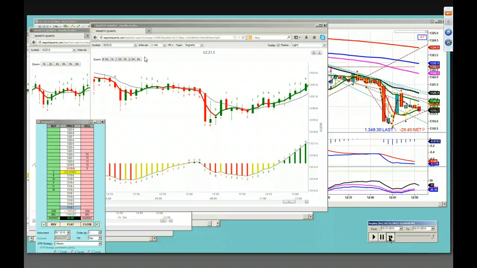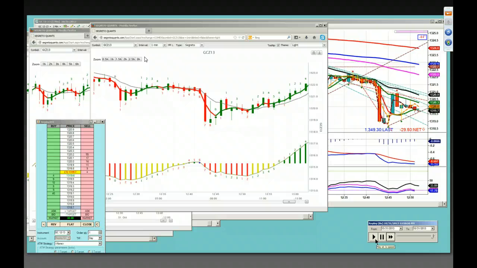Okay, so here we are at 1251, and we're coming into our 1252 candle.